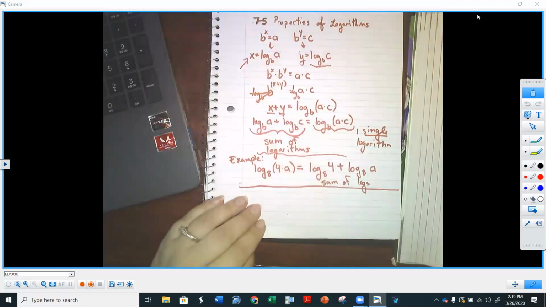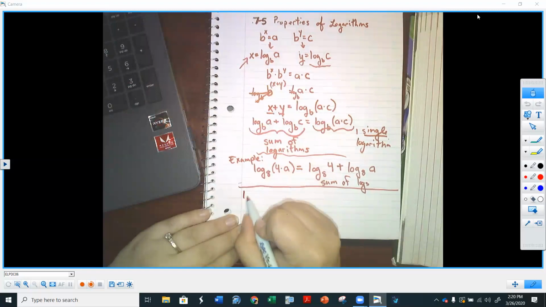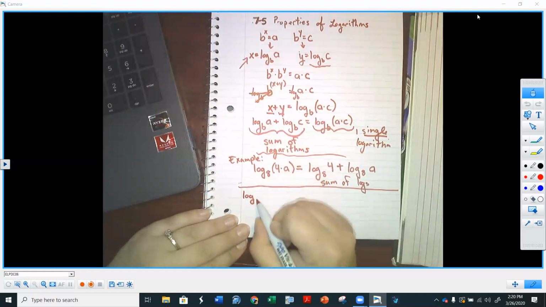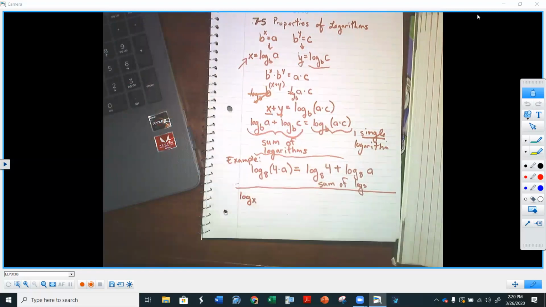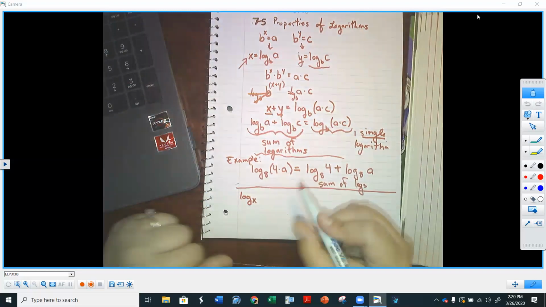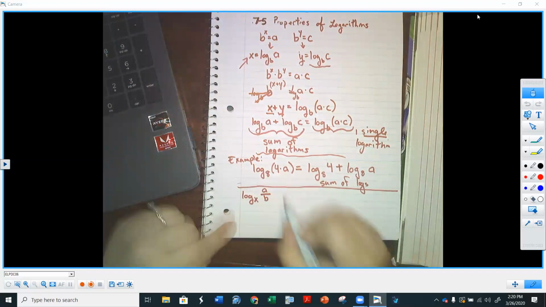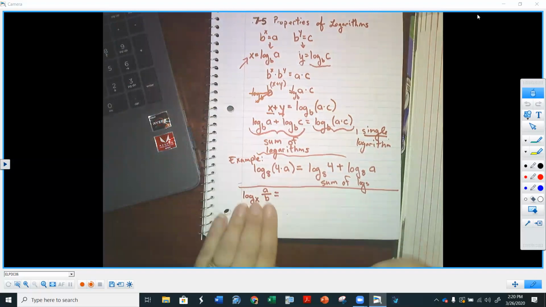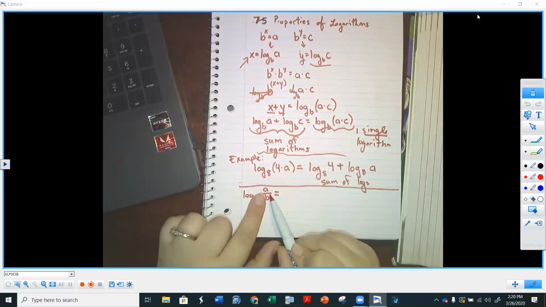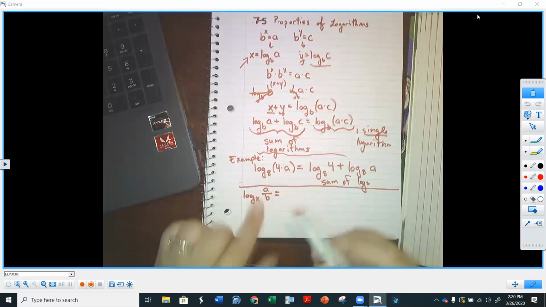So what we're going to have is, if I had log base x, I can switch up my letters wherever they are, of a over b. This is a single log on this side, and then I can switch it to my difference of logs. Whenever you see division, I'm going to use a difference of logs.